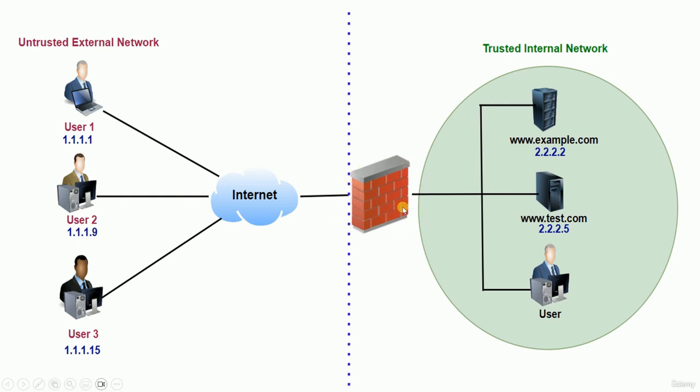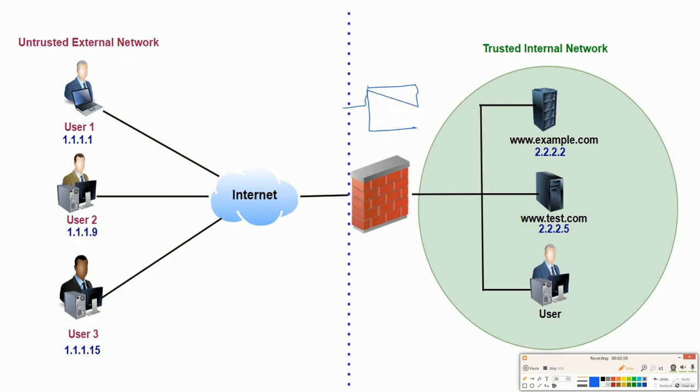And as I said, the firewall will be maintaining a security policy where all the security parameters, or the rules, will be defined. Let's consider this example: user 1 wants to connect to example.com.